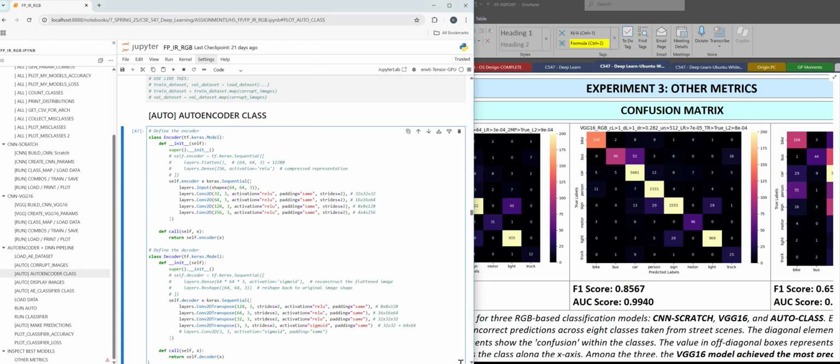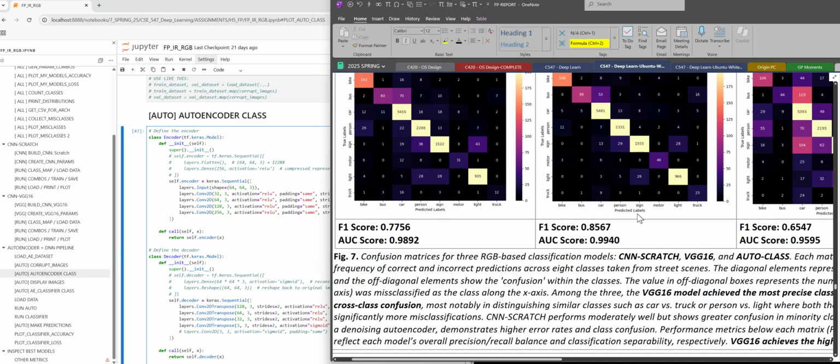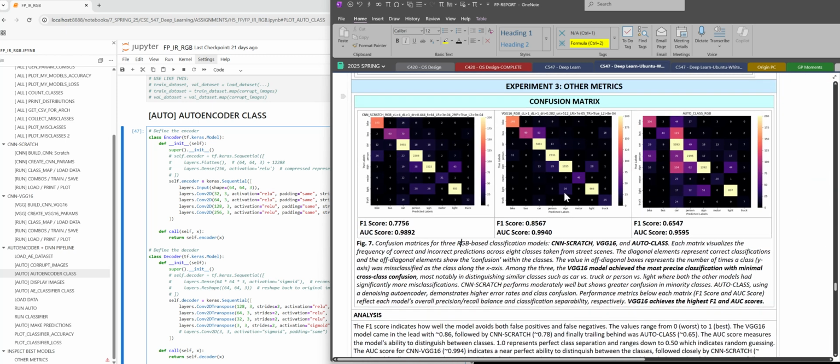But overall, if you just zoom out and look at the color patterns, that's what's so great about the confusion matrix: you can really see visually what's happening, and how much confusion there is around the matrix, when you want there to be just a solid line across the diagonal.